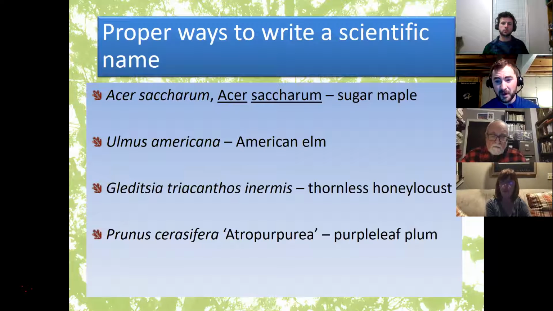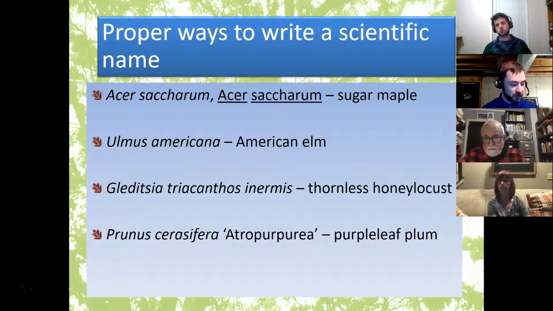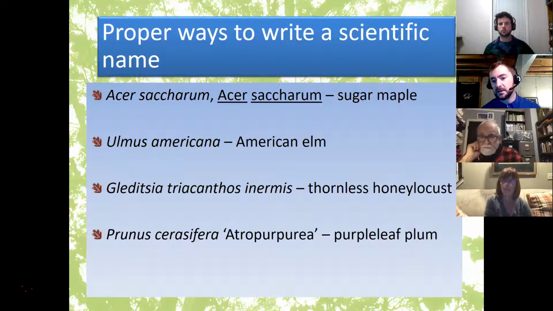So your thornless honey locust, your Autumn Blaze maple, or October Glory, rather than use the word subspecies, I will use the word variety, because in this case, thornless honey locust was not created by manually propagating two plants together of two different species.